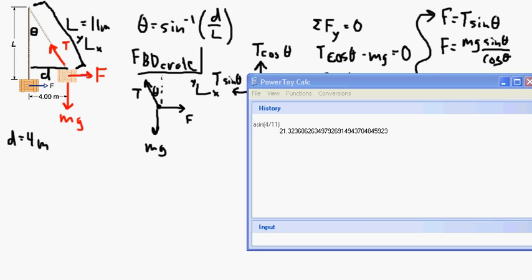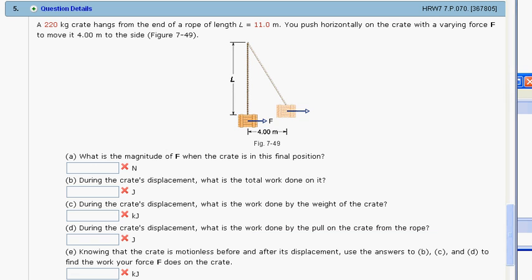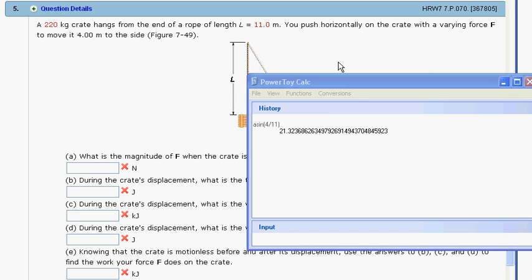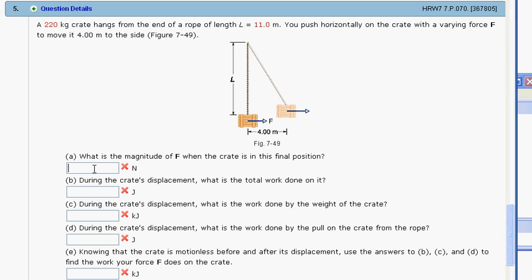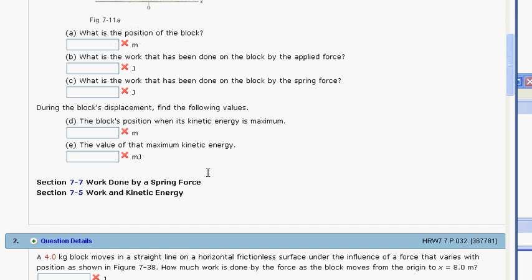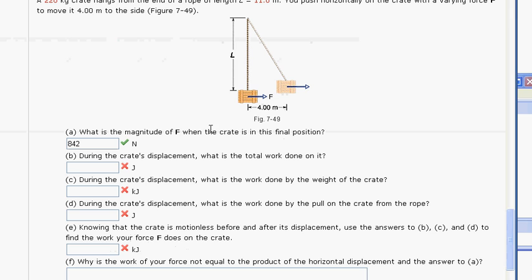The mass was 220 kilograms, so 220 kilograms times 9.81 times the tangent of what we just found should give us the force acting on the crate. That should be 842.4, so 842 newtons. Let's see if I've got that right. Yes, 842 newtons. I got that one right.